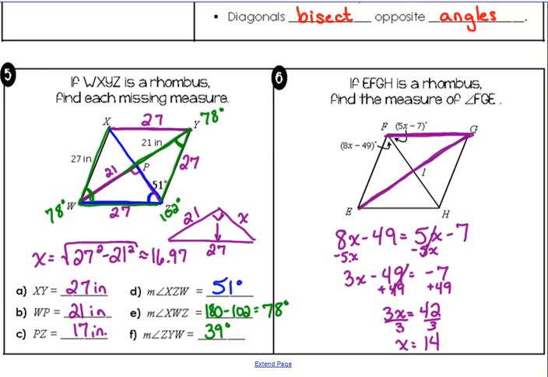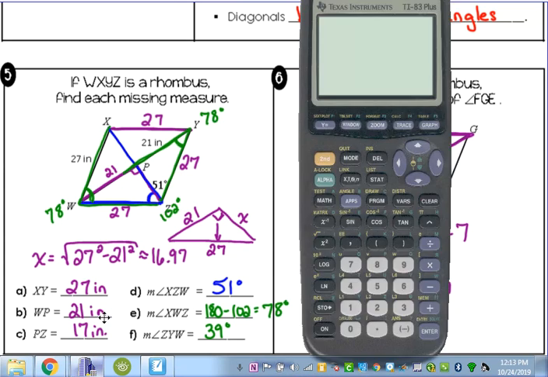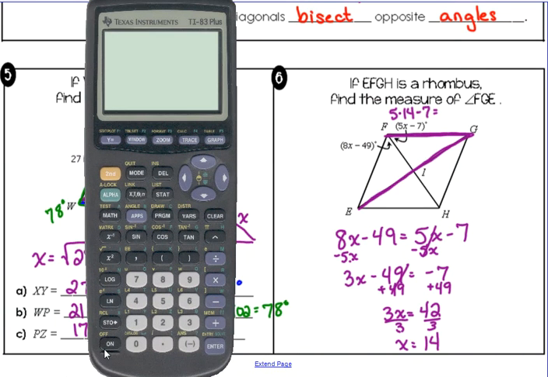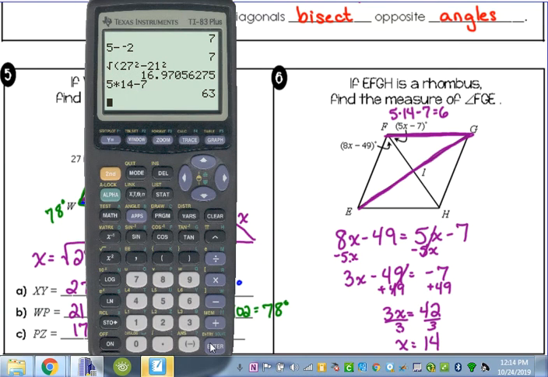So, FGE is beside of the angle that's been labeled. So how about we start by plugging this in. 5 times 14 minus 7. 63 degrees.